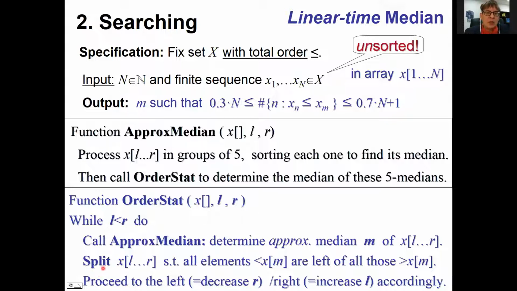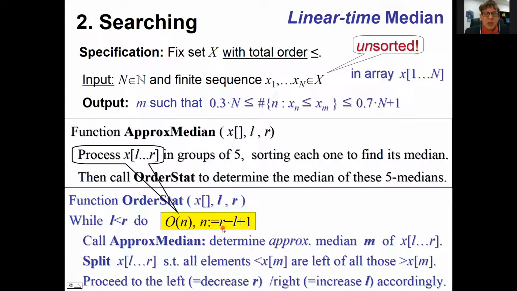And I still owe you the algorithm for splitting. Okay, let's talk about that. What is the running time of these combined algorithms? Let's denote by n the length of the subarray we're currently processing.